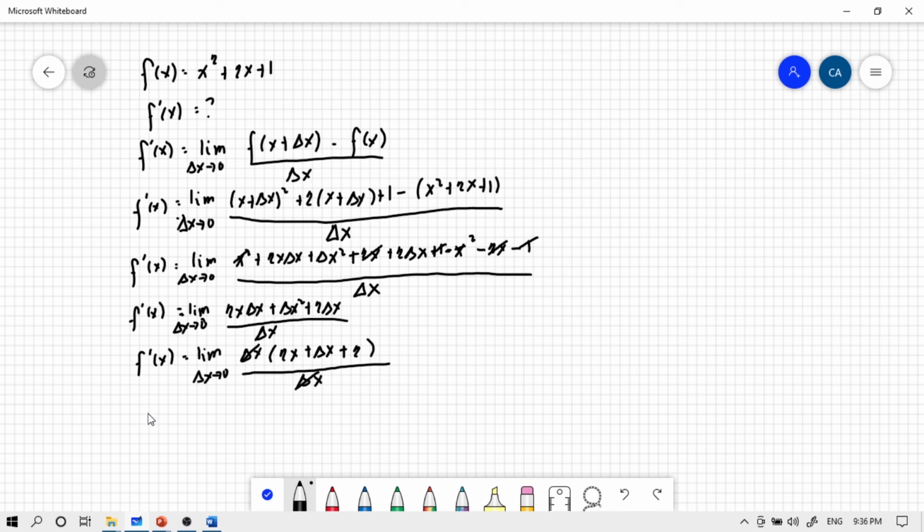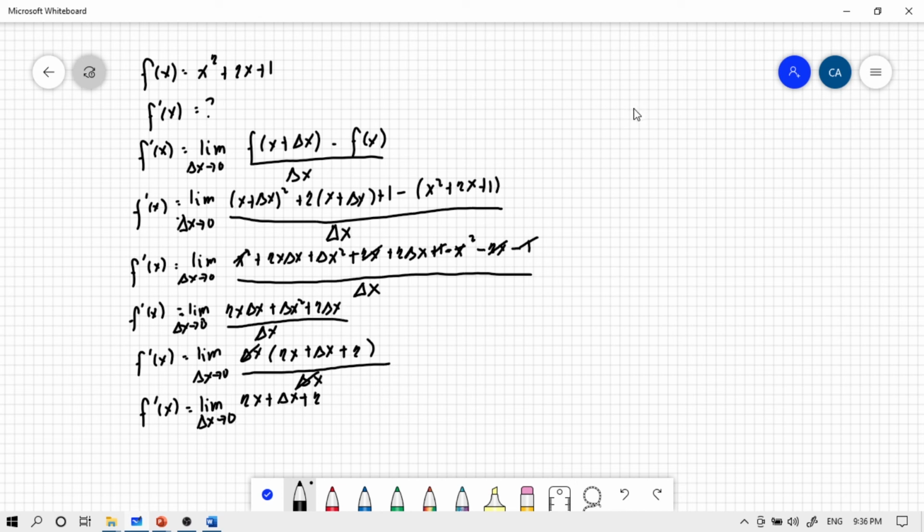So we have f prime of x equals the limit of 2x plus delta x plus 2 as delta x approaches 0. So substitute natin si delta x, which is 0, sa ating equation.